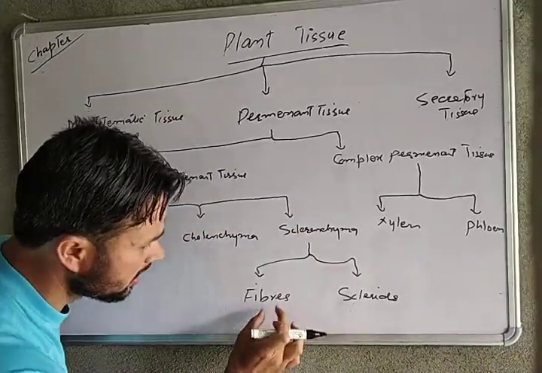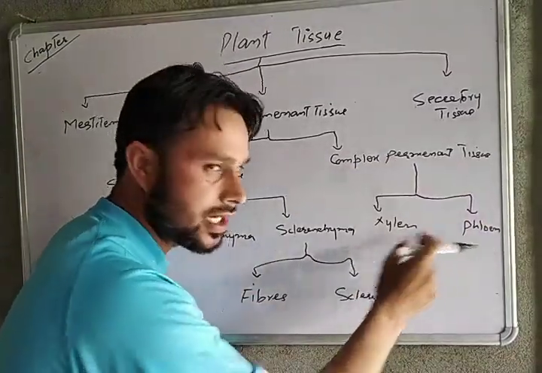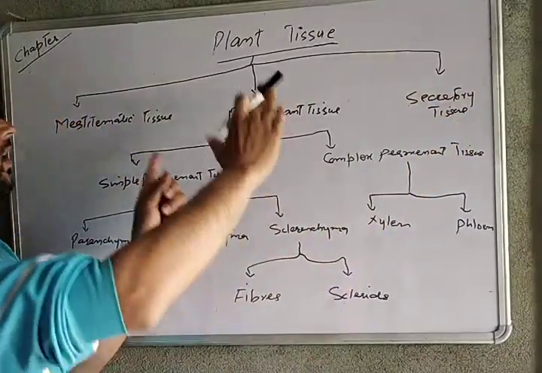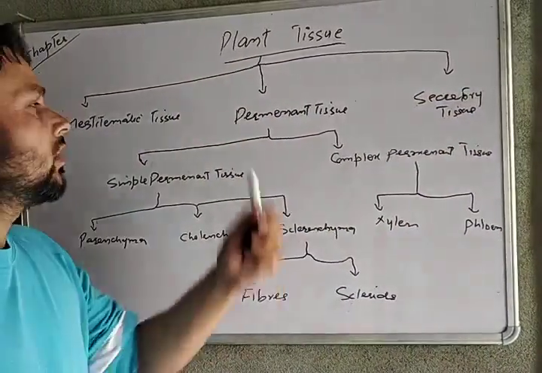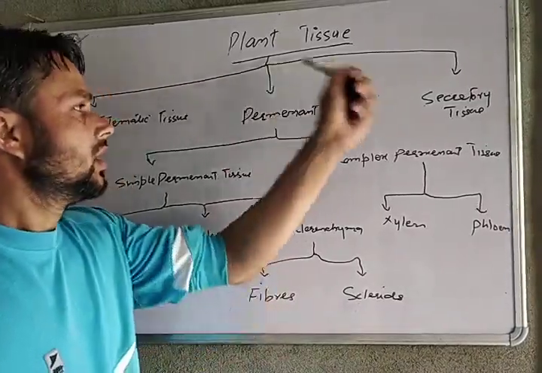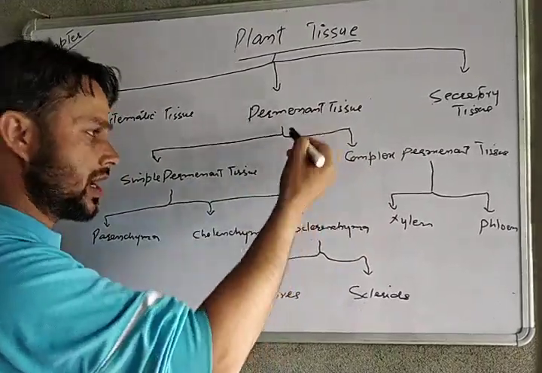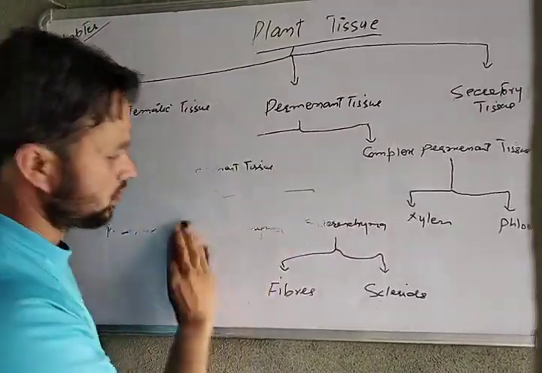This sclerenchyma has fibrous and sclerous, whereas complex permanent tissue has xylem and phloem. We'll take permanent tissue and secretory tissue later on. Today we will discuss meristematic tissue. These are all the plant tissues, different types and subtypes. Let's take meristematic tissue.